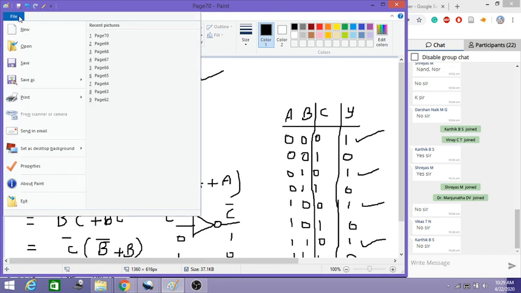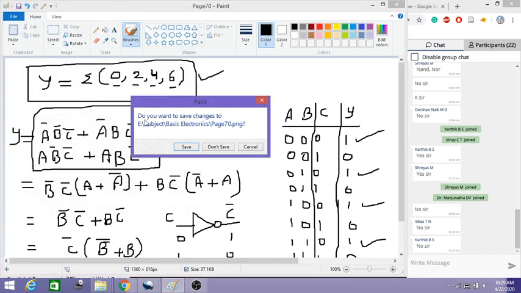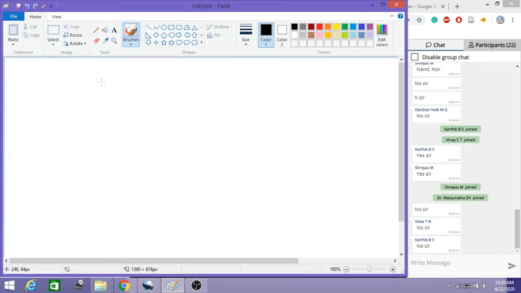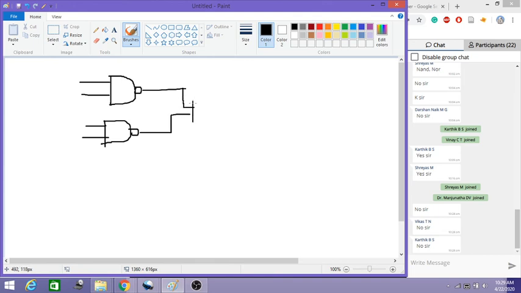Let me take a new page here. Here the logic circuit is given. Like this, we have 4 inputs, A, B, C, D, and these are connected to one more NAND gate, and this is the output.